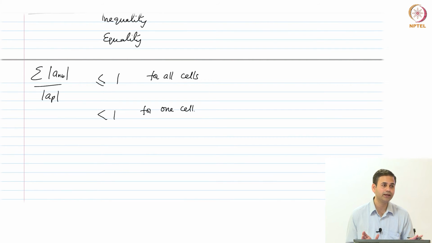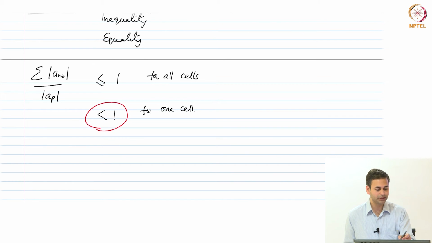Only then the convergence will be guaranteed. Now, it is somewhat easier to satisfy the Scarborough criterion in inequality. So, this equality satisfaction is sometimes not possible. That is where we have to look. So, I will be using this equality and inequality. Equality is this one, inequality is the other one appearing here.